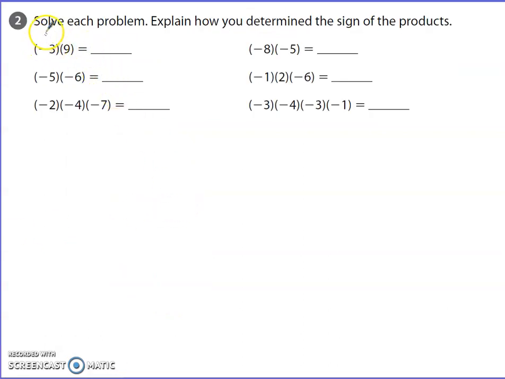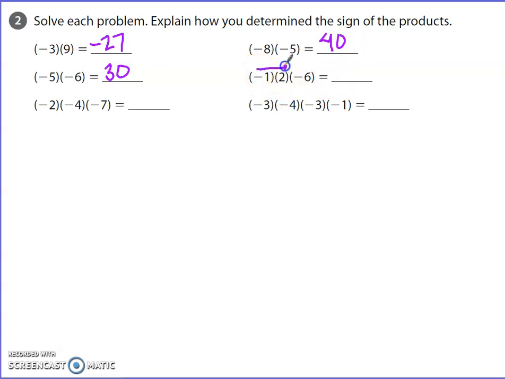Integers with different signs, product is negative. Same signs, same signs. Remember, this isn't about whether you can multiply or not, it's about figuring out the sign of the answer. Some of them have multi-step.